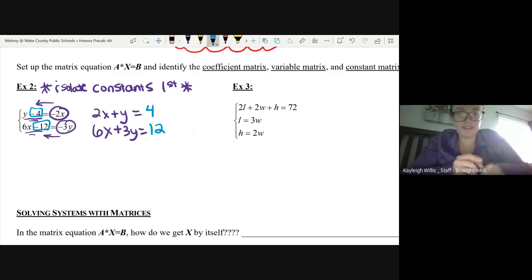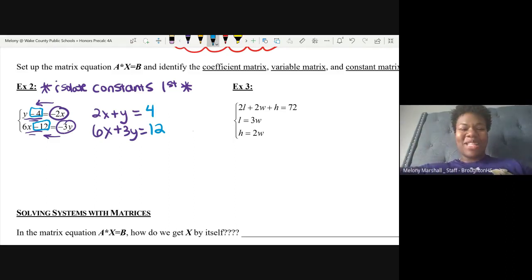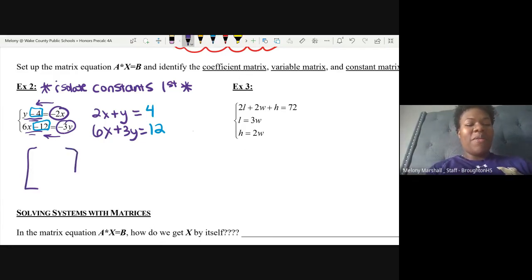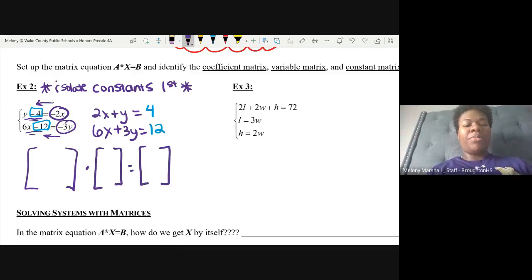And now we just have to set up the matrix. Let's set it up. Okay, here are my three matrices. And now I set them up in the same way that I see it. 2, 1, 2, 1.